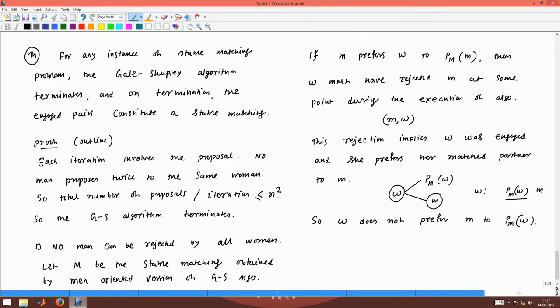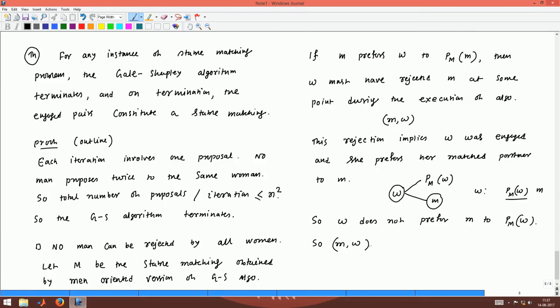This proves that MW is not a blocking pair, because W does not prefer M to her match partner.